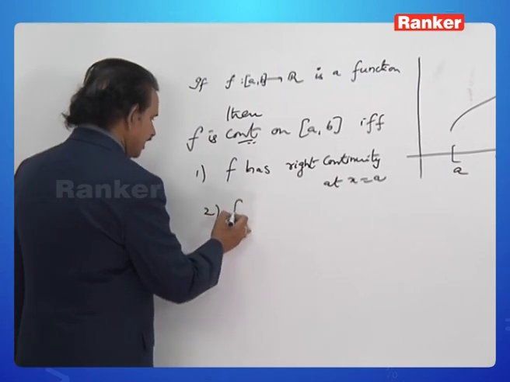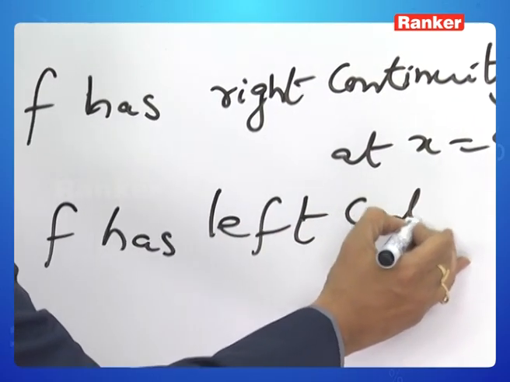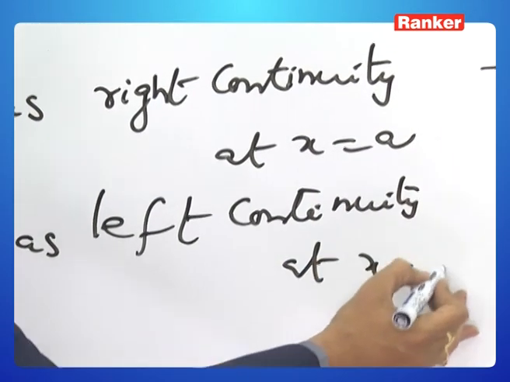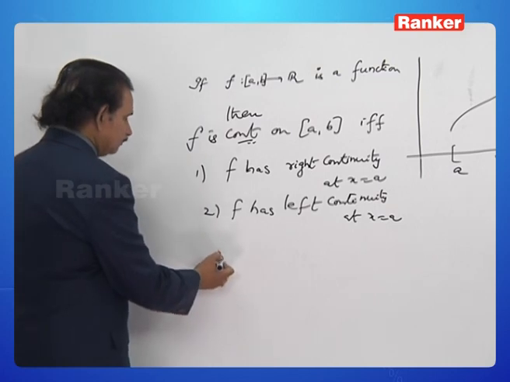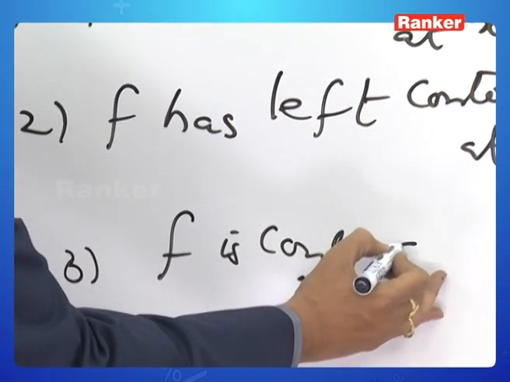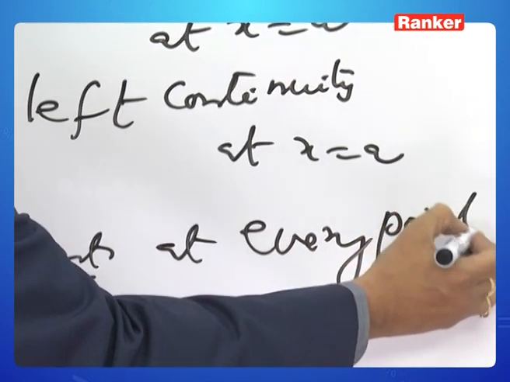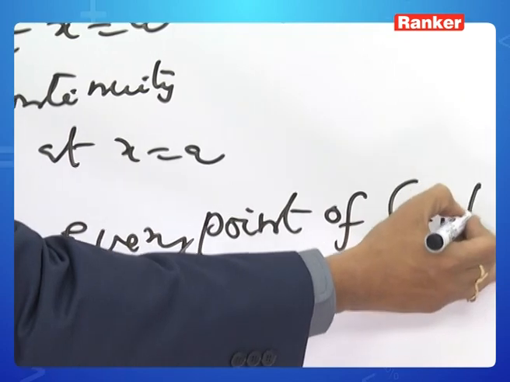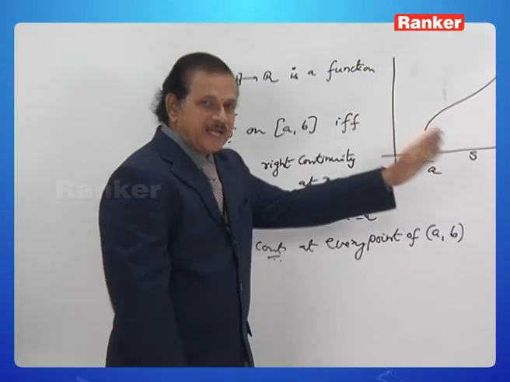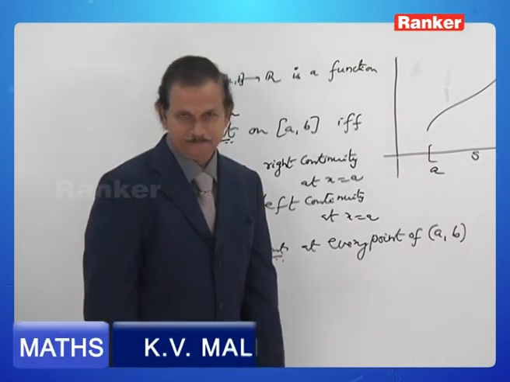Second condition, f has left continuity at x is equal to b. And the third one, f is continuous at every point of open interval a to b. That is, between a and b there is no exemption. It must be continuous at every point there.